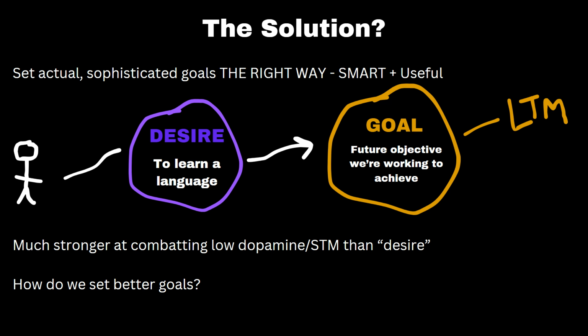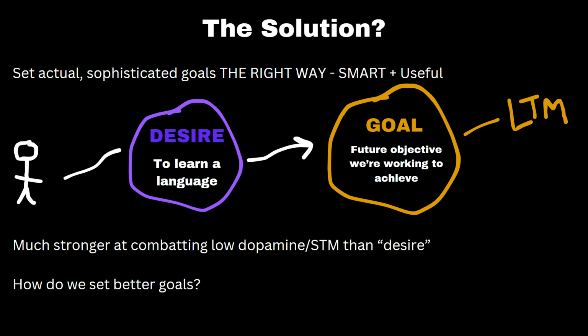But we have this desire, and so instead of just starting to learn Italian, which, don't get me wrong, that's a good thing. If you have the desire to learn a language, starting is fantastic. But what we're going to do now, because we know more and we're more advanced, is we're going to actually set a proper goal. And the reason setting a goal is important is because it effectively allows you to work through periods of low motivation, lapses in desire, kind of ADHD, changing your mind on what you need to do to learn a language, etc. A goal is effectively a future objective we are working to achieve.